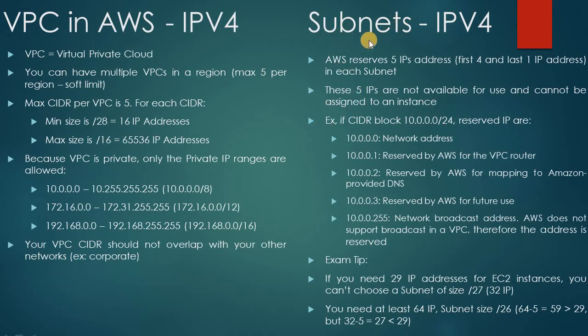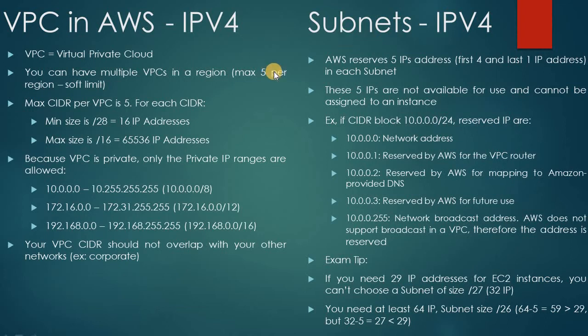Now I'm going to tell you what a subnet is. If you want to divide your network into two parts, we call that a subnet. A subnet is a logical subdivision of IP addresses.